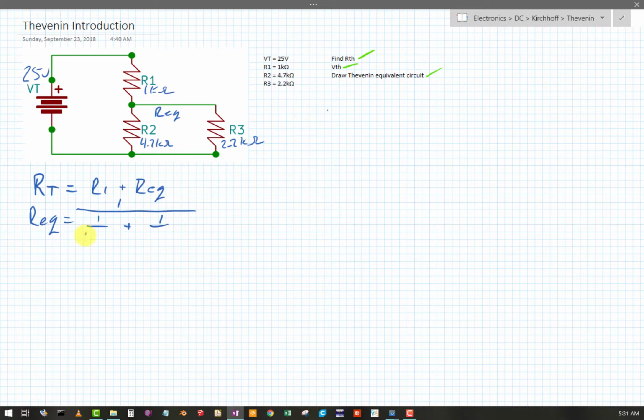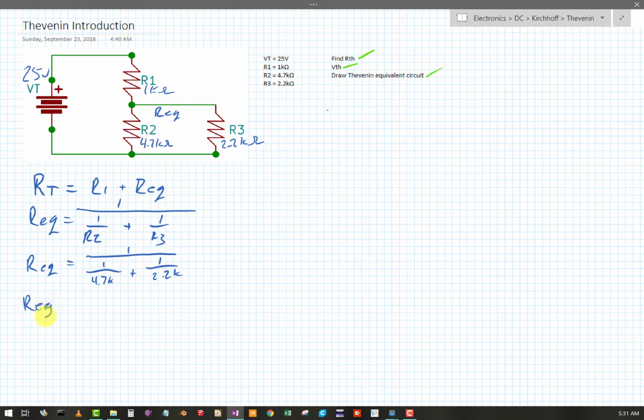So R2 plus R3. Parallel rules: 1 over 4.7k plus 1 over 2.2k. So my number's definitely going to be smaller than my smallest branch.